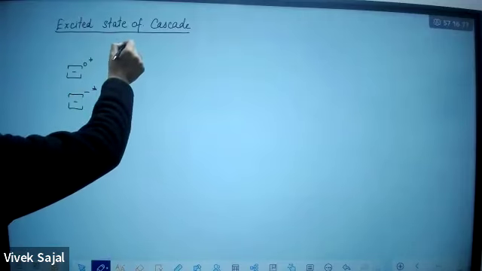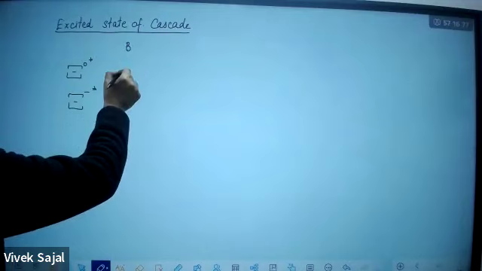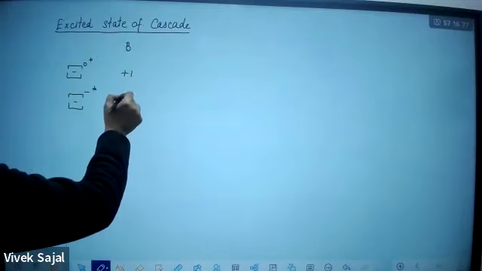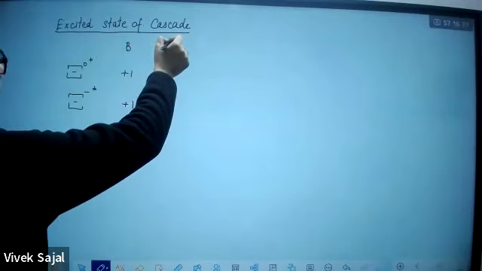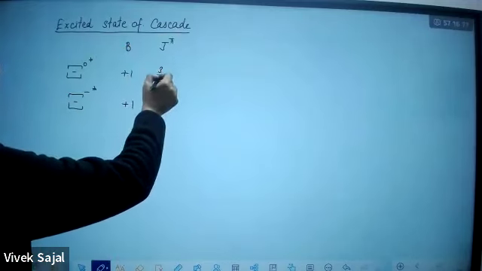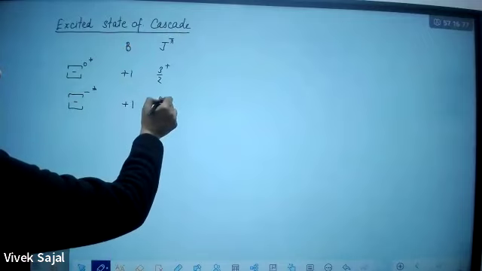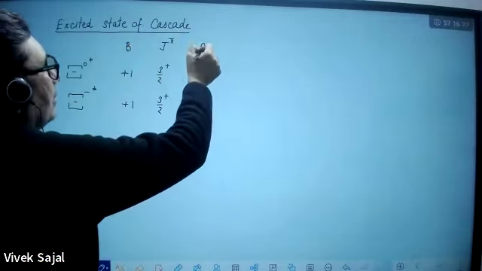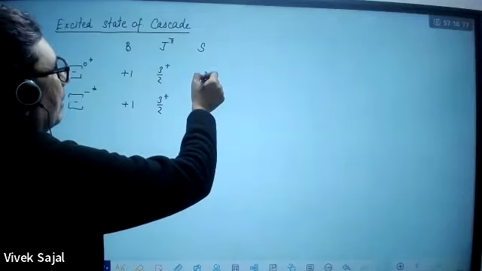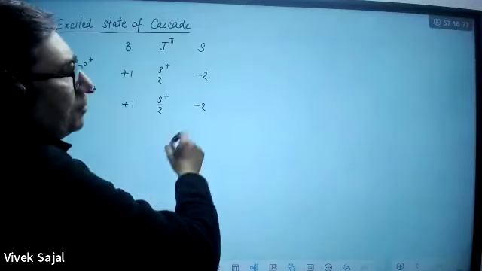First is baryon number. For this, baryon number is +1, +1. J pi is 3 by 2 plus, 3 by 2 plus. Strangeness number, if you write, is -2, -2.